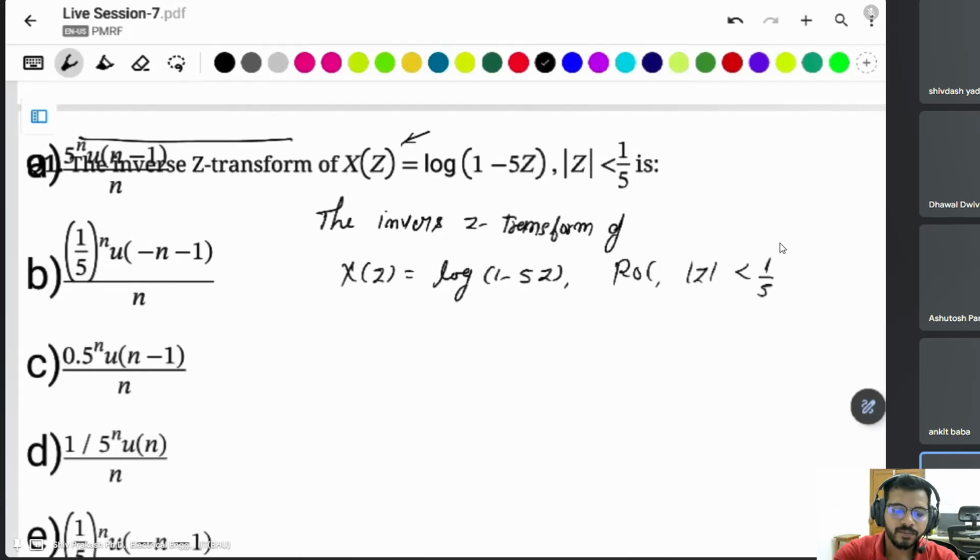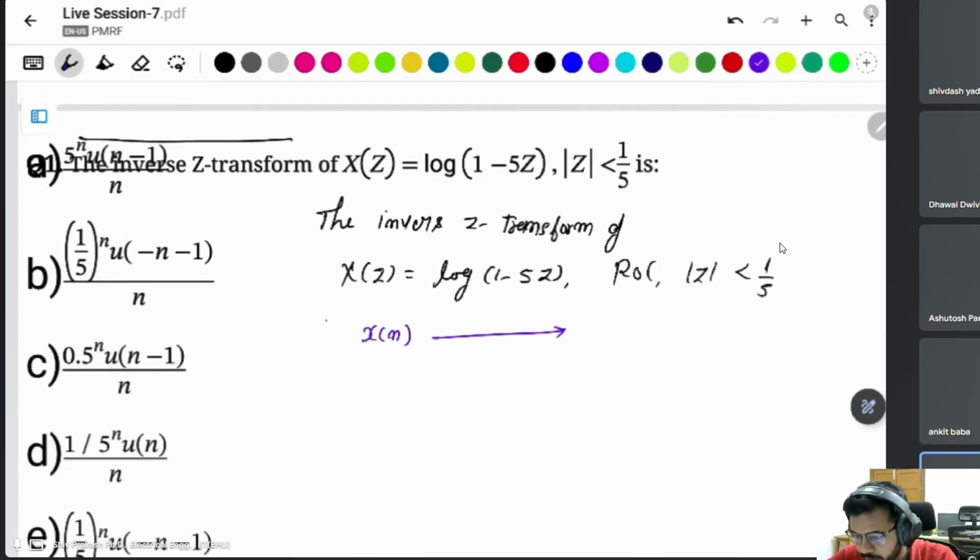For solving this type of question, you have to learn about the properties of the Z transform. If you know about the properties of the Z transform, then you can solve the question easily. You should know the property of multiplication by time, like n x[n], which is differentiation in the frequency domain.